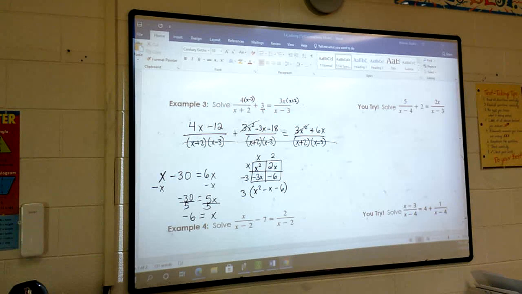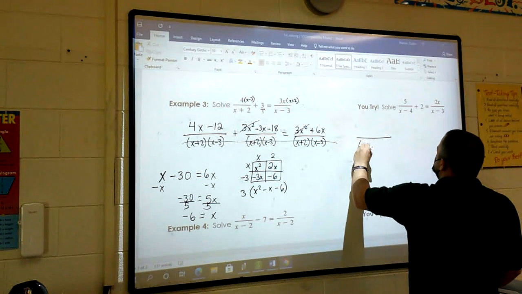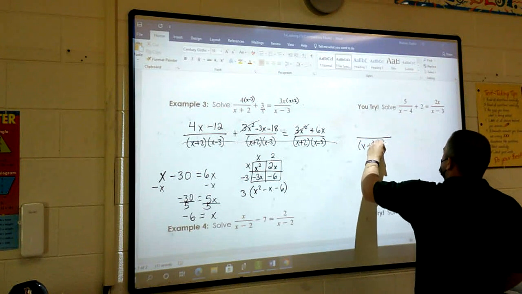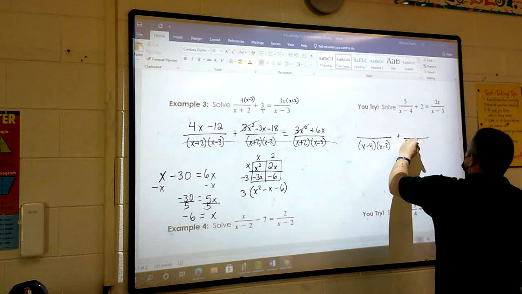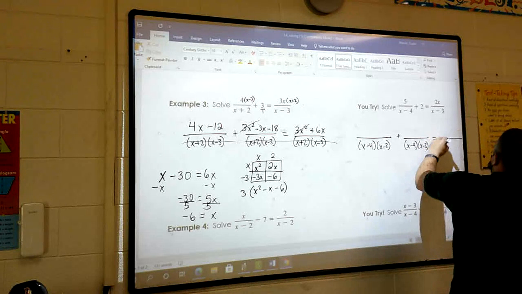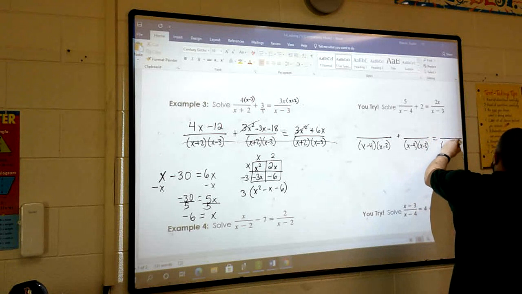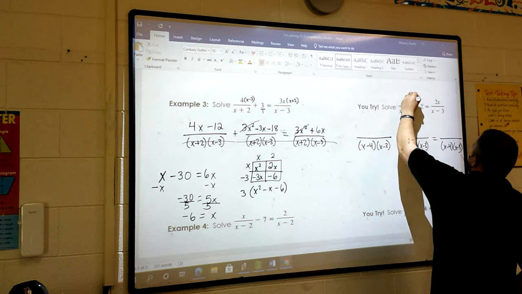So in the you try, and I'm going to let you try here in just a second, it's the same thing. Okay? So the common denominator is going to be x minus 4 and x minus 3. In this fraction, it already has the x minus 4, so you got to multiply it by x minus 3.